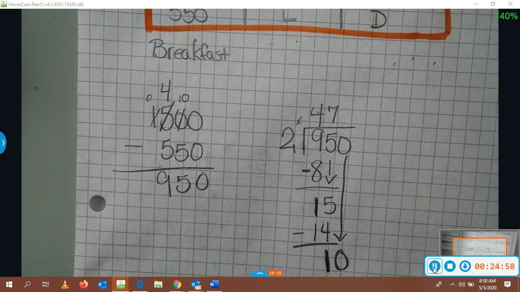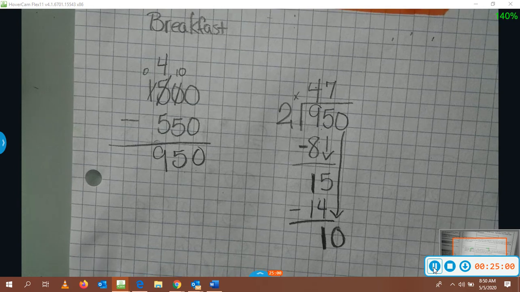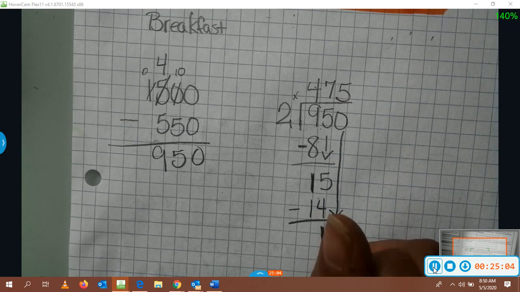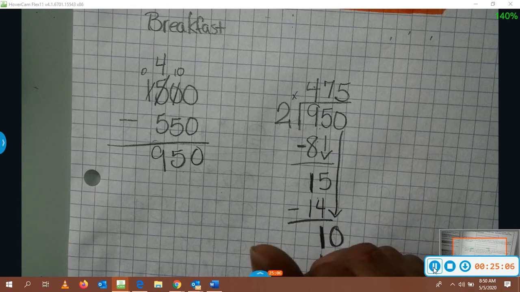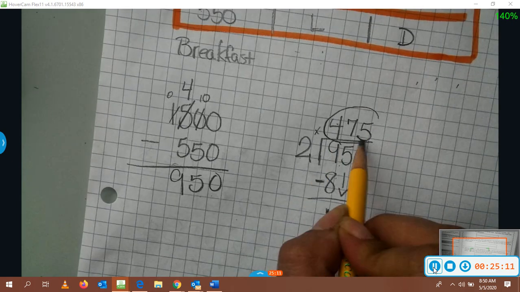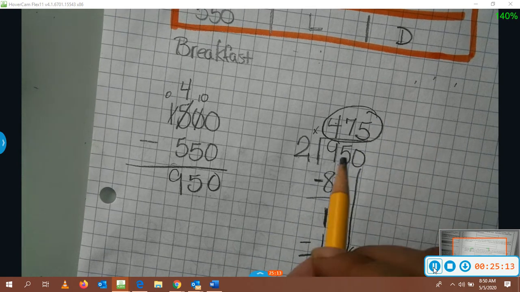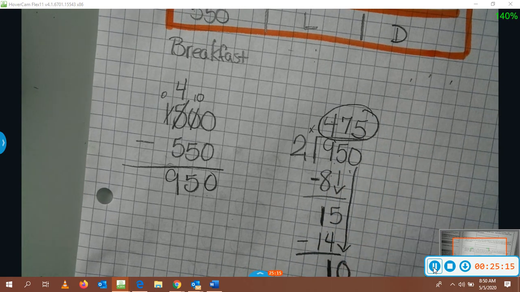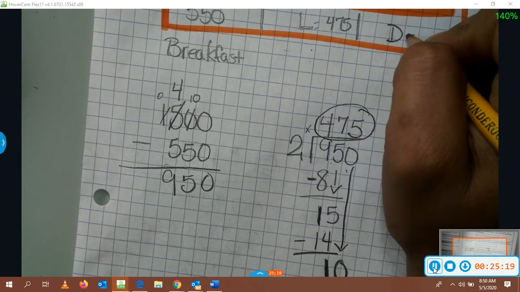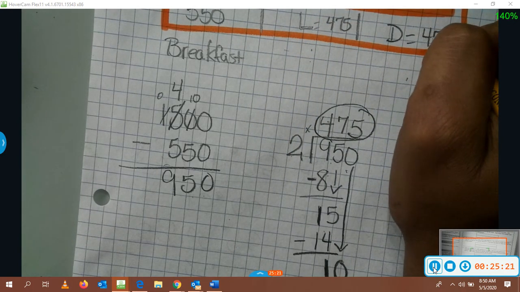And 2 going into 10 is 5 times, because 5 times 2 is 10, which will leave us a remainder of 0. So we're done with this. So 475 times 2 equals 950. So lunch equals 475 and dinner equals 475.